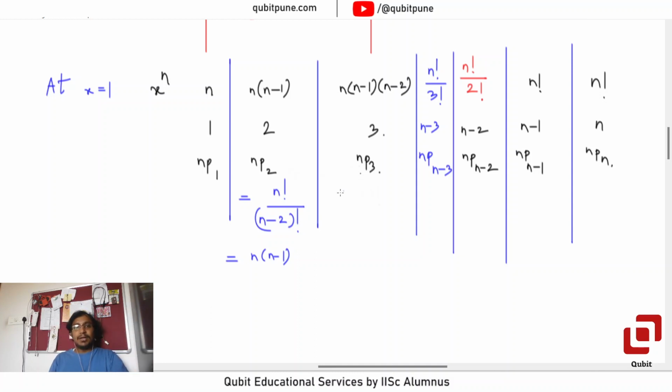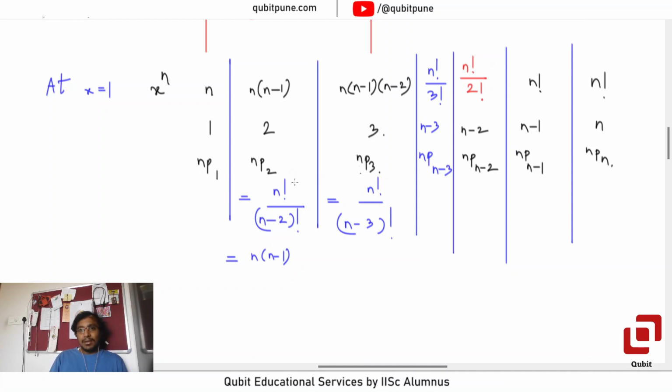If you are finding the third order derivative, then it is nP3. So if we are finding the nth order derivative, it would be nPn, n minus 1th order derivative, nPn minus 1, n minus 2th order derivative, nPn minus 2, and that just goes on. Is it clear?